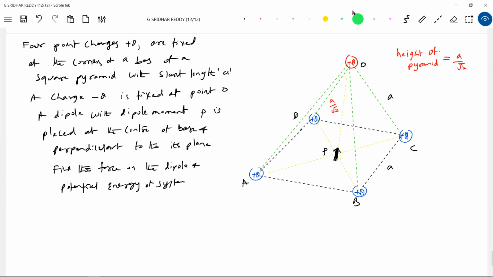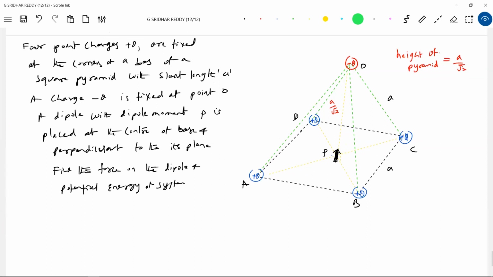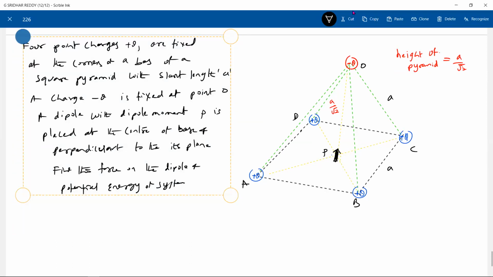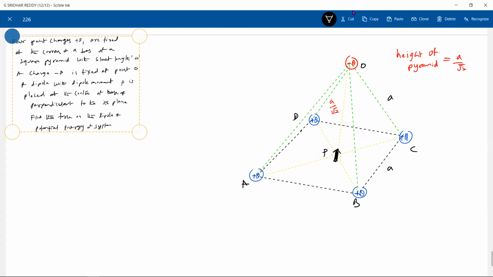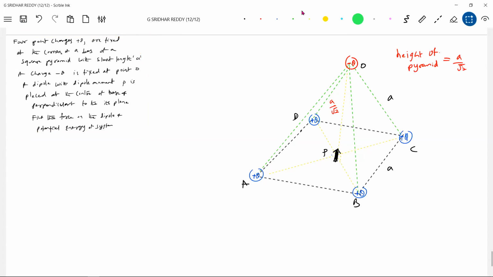So I'll do one thing. I will break this problem into parts so that it will be very easy for us. First, let's only discuss the dipole and the negative charge Q. So there's a negative charge and there's a dipole.